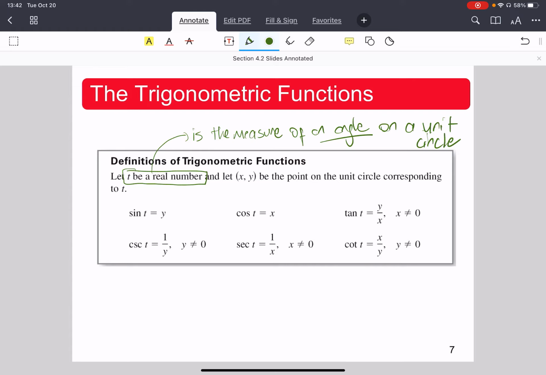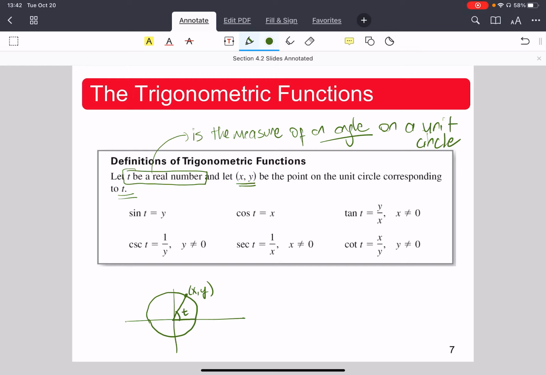Based on this, we're going to let (x, y) be the point on the unit circle corresponding to t. Think of this as having a unit circle that looks like this. We have a point here, (x, y), and that angle is going to be t. So the measure of that angle is t, and x and y are the distances of that point from (0, 0).